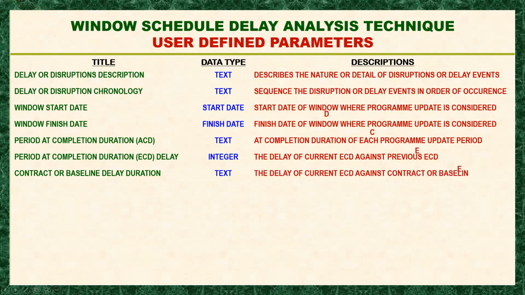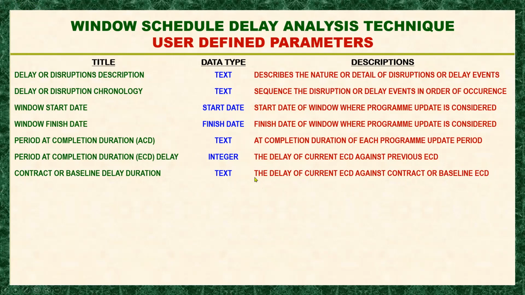Now, this one is about the delay of current ECD against the contract baseline ECD. I mean, our contract or baseline, actually this should be ACD, at completion duration, is 305 days. That is including the NTP period. But actually, our contract for the construction proper is 300 days.